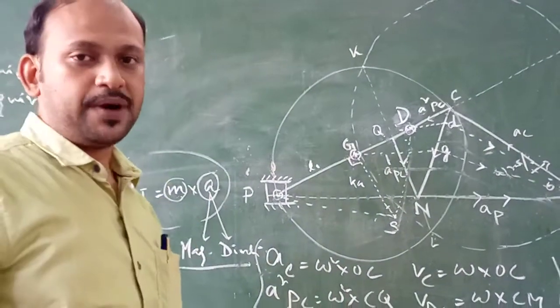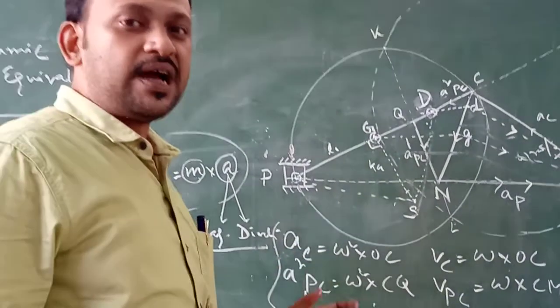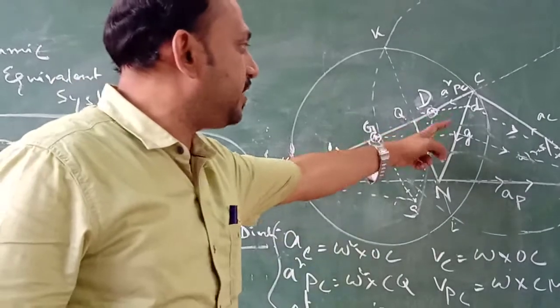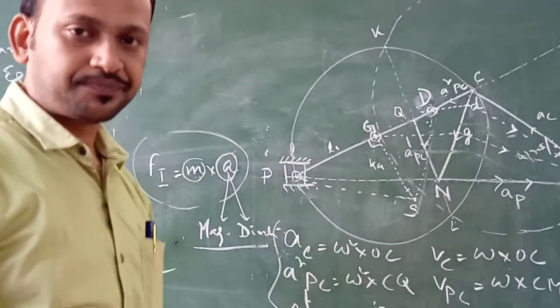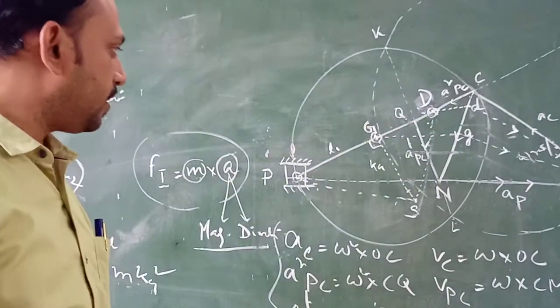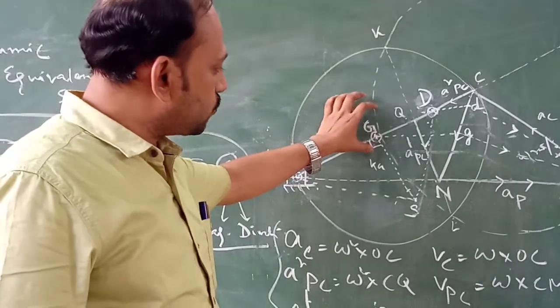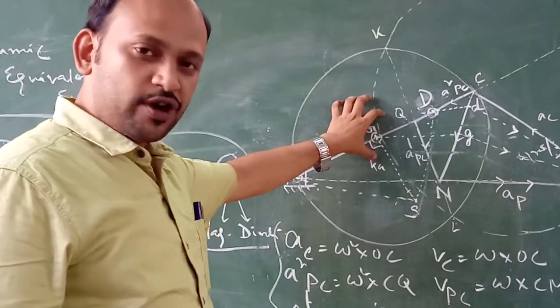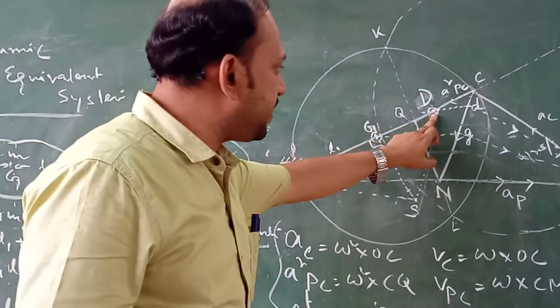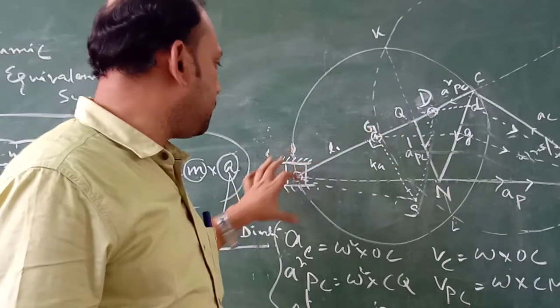Now comes the main part: what is the actual use of finding the position for D and G? Let us see. The total mass G that we are talking about is divided into two separate masses.